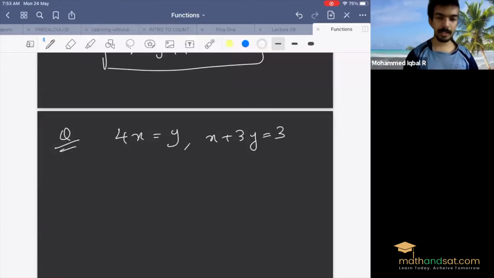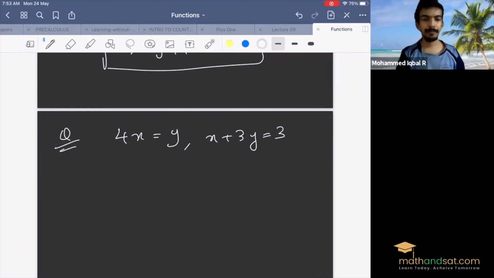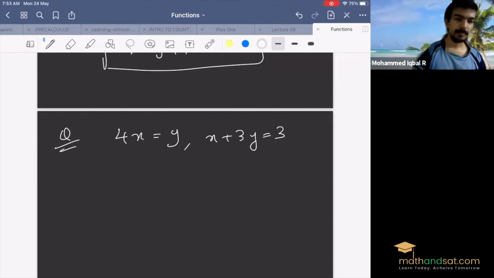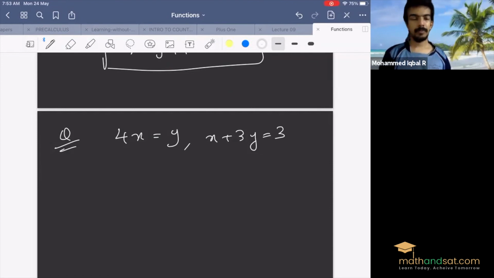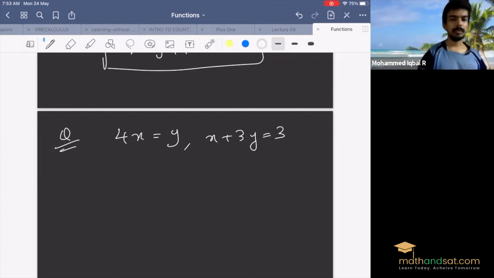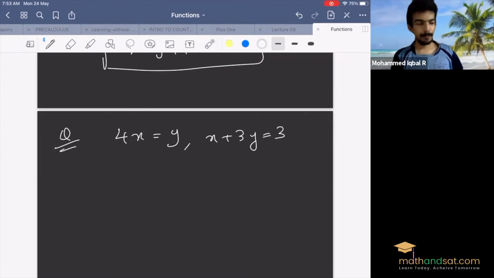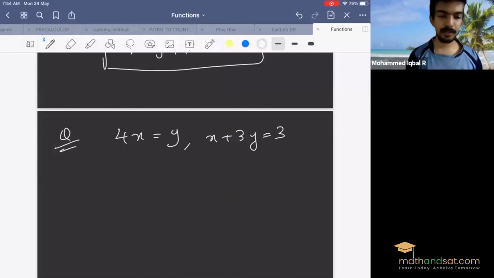Can you just try it using a graphing software or graphing calculator and tell me the answer? Just a minute, I'll be right back. Please try to find the solution.